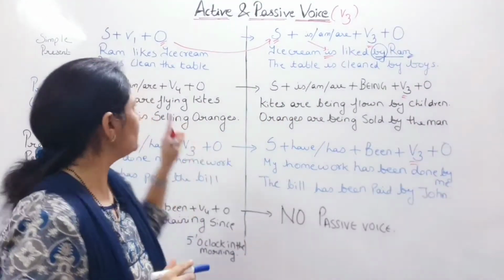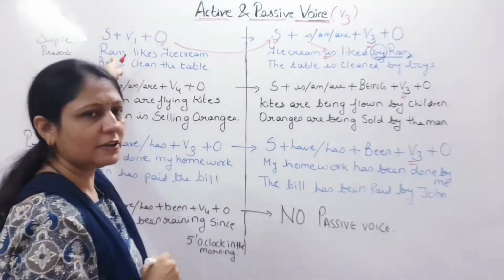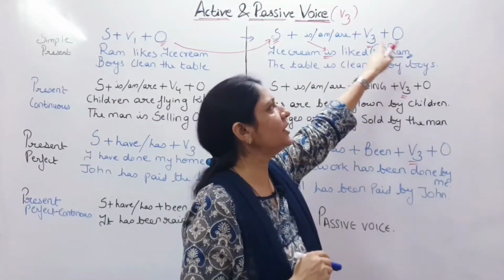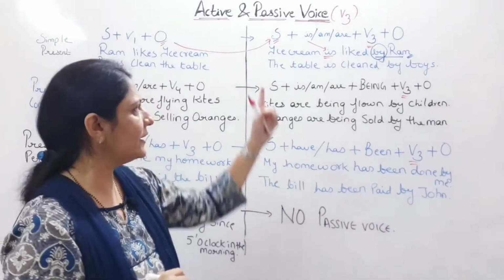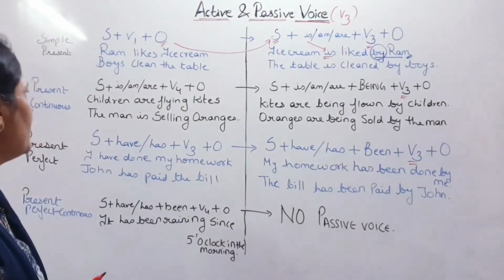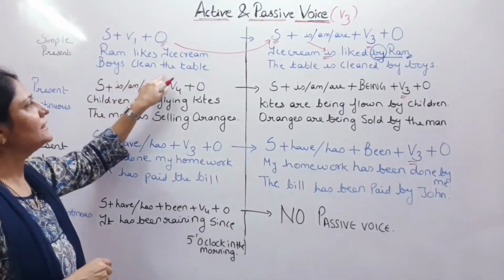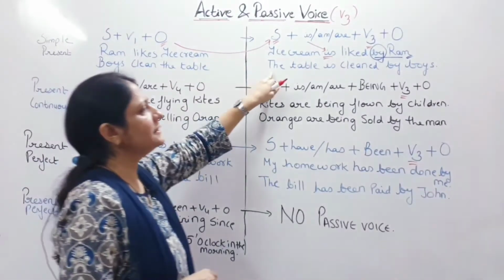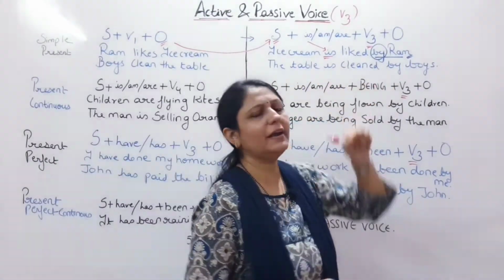Whatever was the subject in the active voice is written with the word by as an object in passive voice. I guess the example is very clear. Now let's see the other example. Boys clean the table. Now in the passive voice it will become: the table is cleaned by boys.